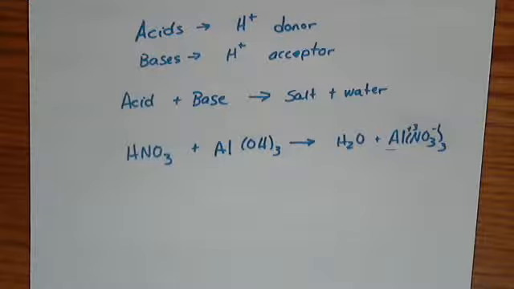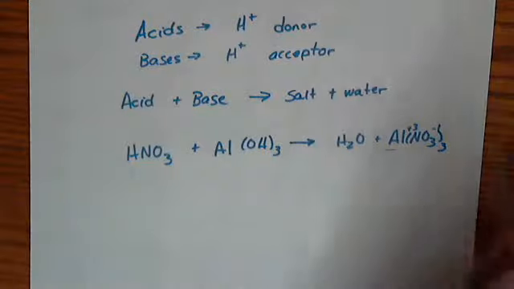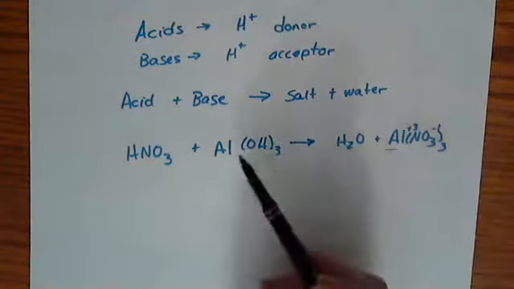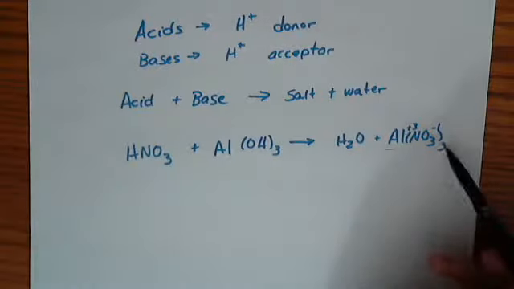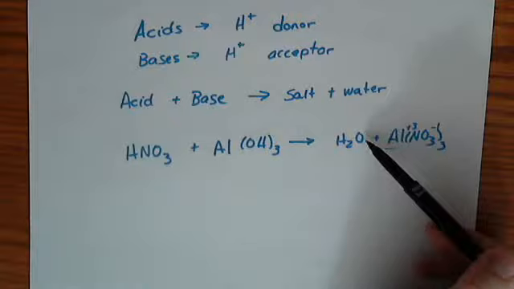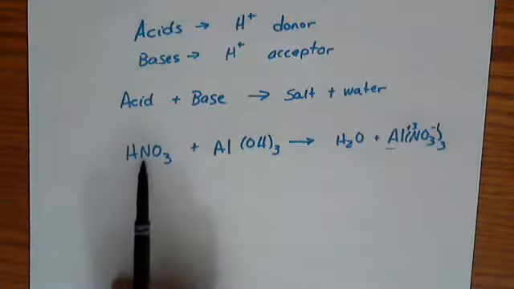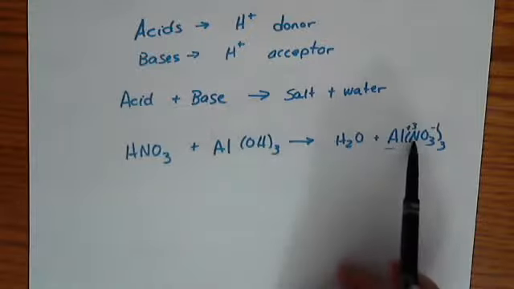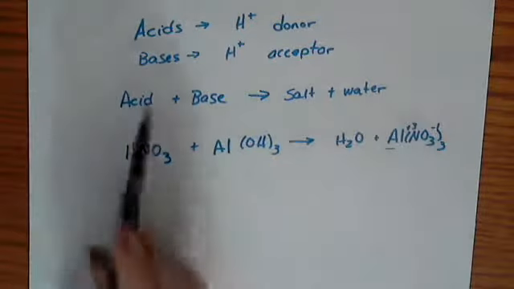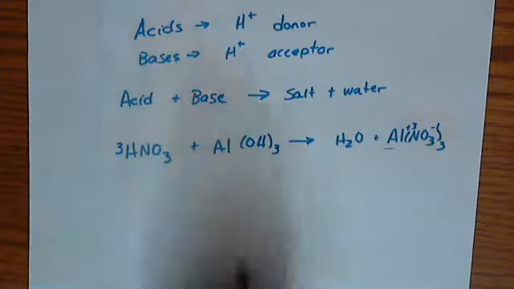Okay. Now all of a sudden we have 1 aluminum here and 1 aluminum there. We have 3 nitrogens and 10 oxygens. Here we have 1 nitrogen and 6 oxygens. Since I have 1 nitrogen here, I'm going to need two more, and that should be fixed by putting a 3 here.